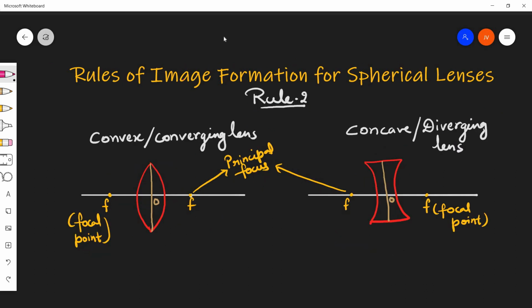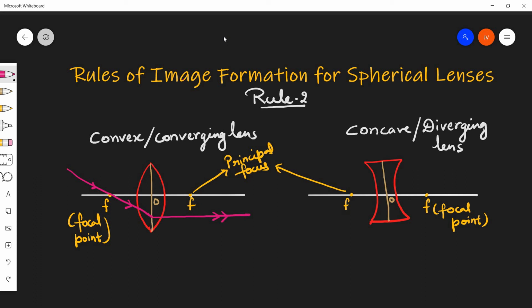Now let us see the second rule of image formation. In case of convex or converging lens, when a ray of light is incident through the focal point, then after refraction it goes parallel to the principal axis.